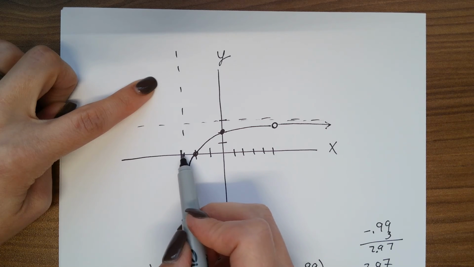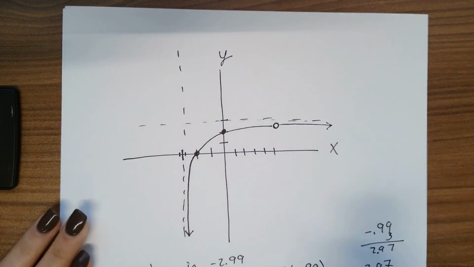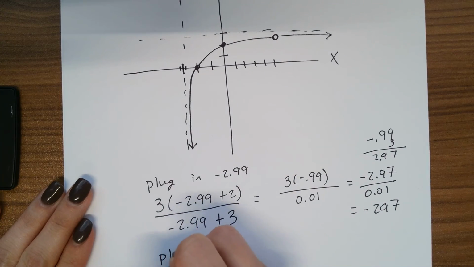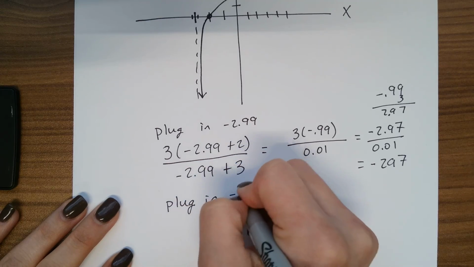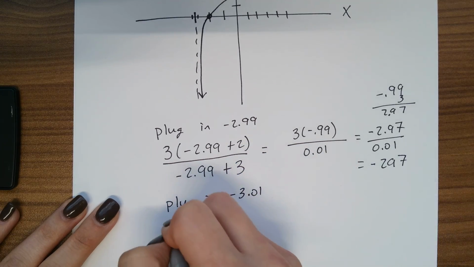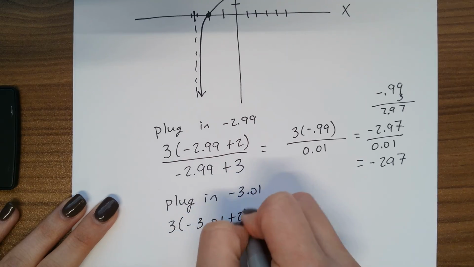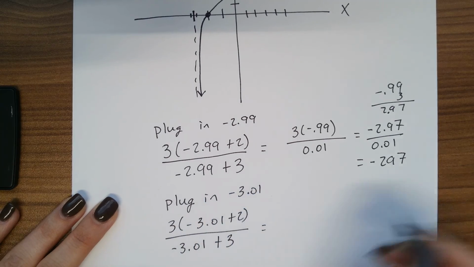So on the left-hand side of negative 3, what is my graph doing? So I'm going to take a point just to the left of negative 3, let's say negative 3.01, and I'll plug that in. So I get 3 times negative 3.01 plus 2 divided by negative 3.01 plus 3.